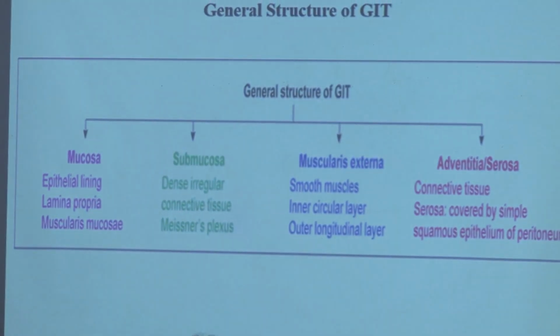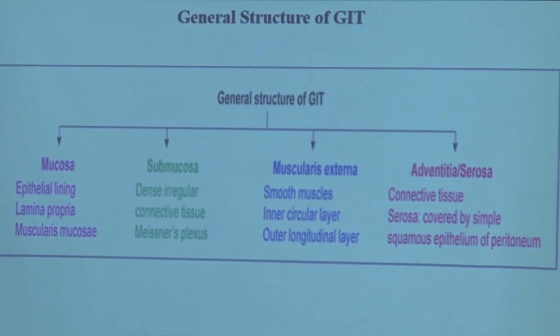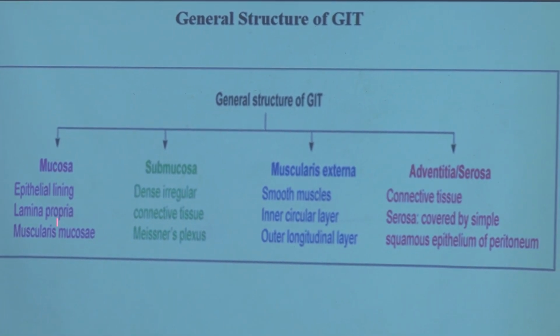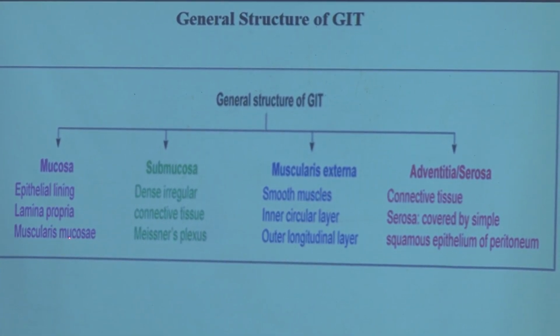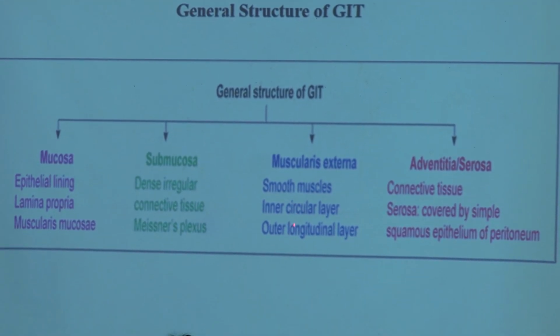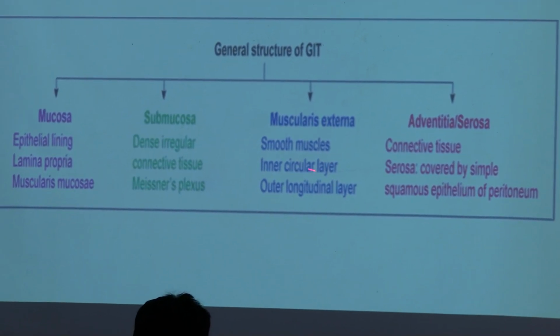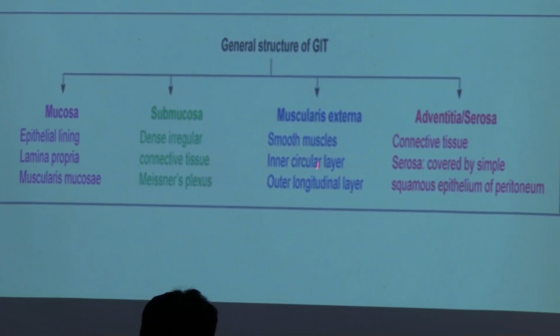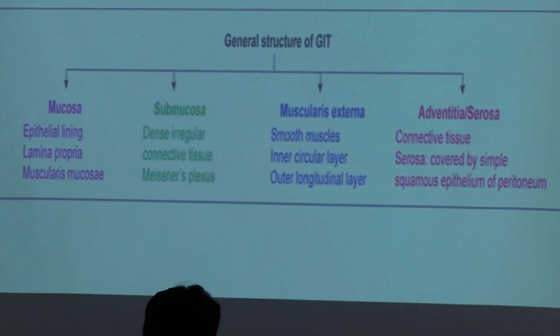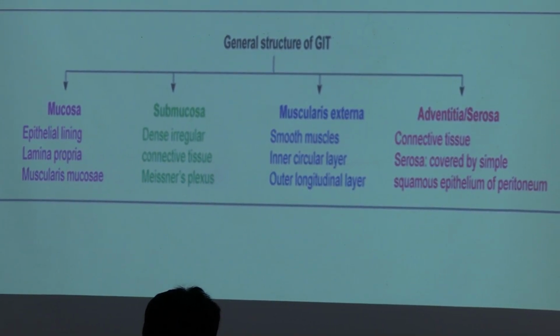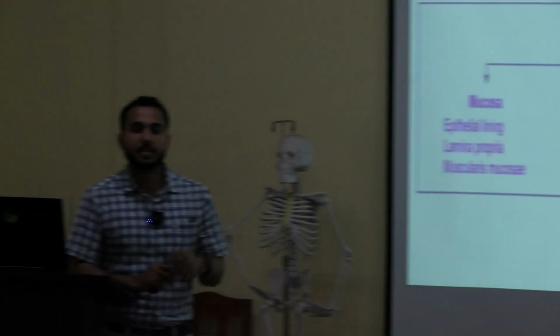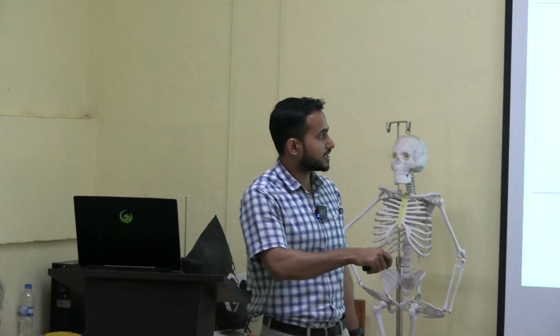First, in the mucosa we get the muscularis mucosae, and again here the muscularis externa, where two different layers of muscle fibers are there, inner circular and outer longitudinal. Its main function is motility, to propel the food from one part to another. The peristalsis is done by the muscularis externa.